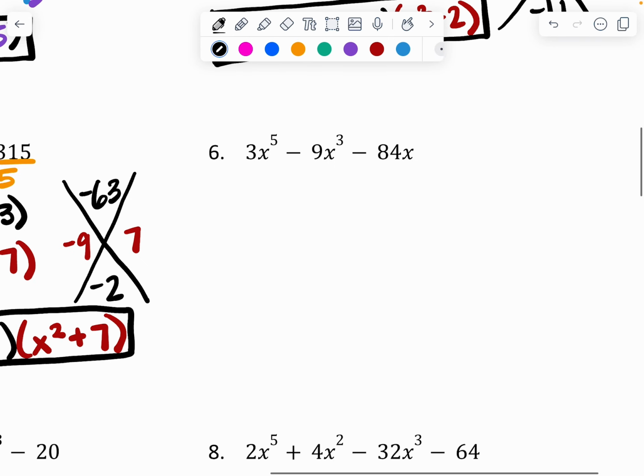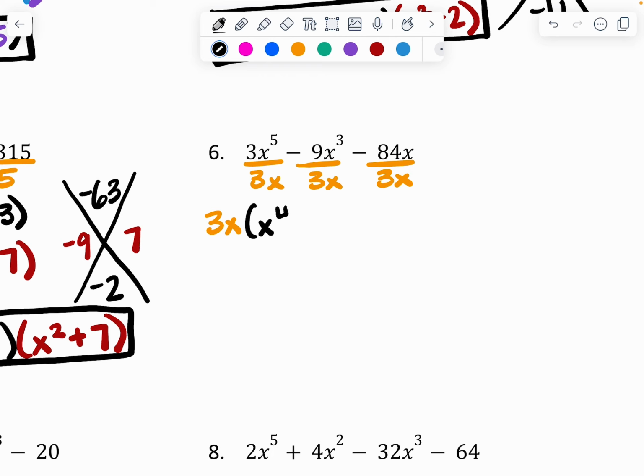Okay. Number 6. I can factor out 3x because x is the lowest exponent and all the terms have x. So 3x, this gives me x to the power of 4 minus 3x squared minus 28.